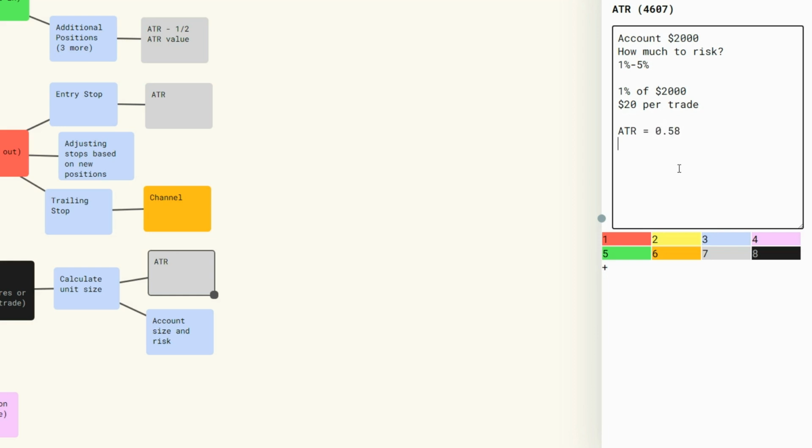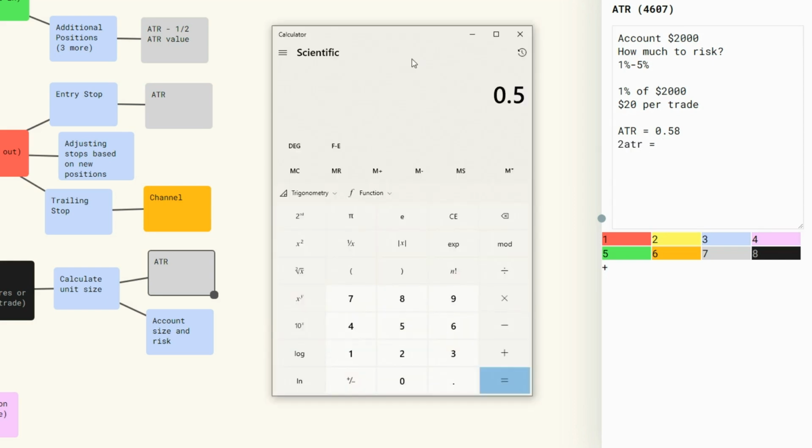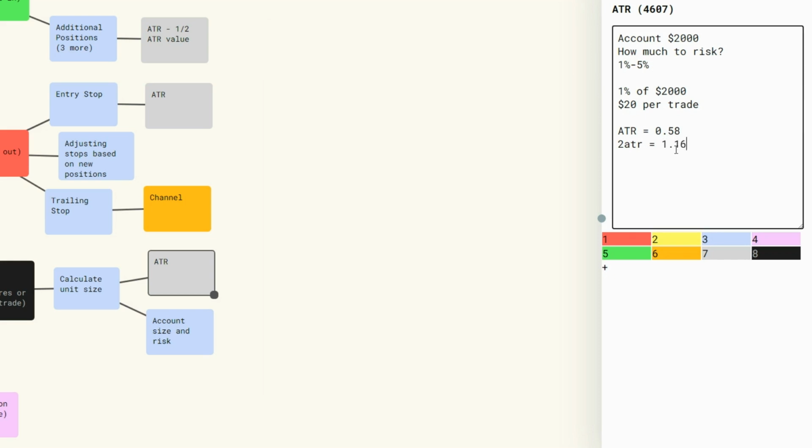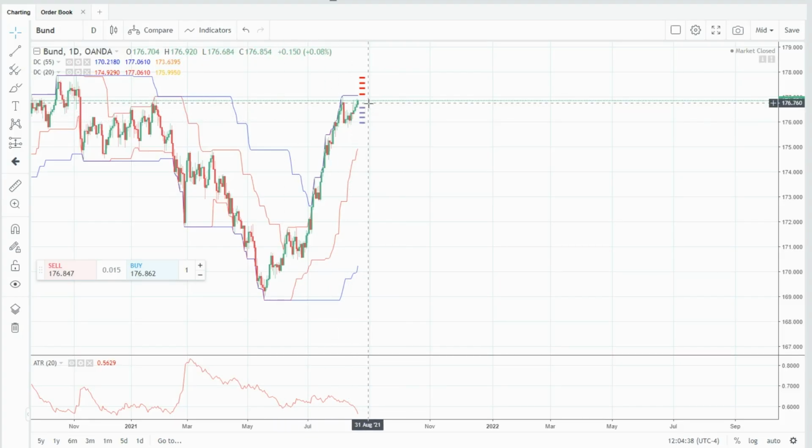So we know that calculating the stop uses 2 ATR. So that's going to be 0.58 times 2, 1.16. 1.16 is the value for our stop. So 1.16 is the amount of price movement that is going to occur before we get stopped out.